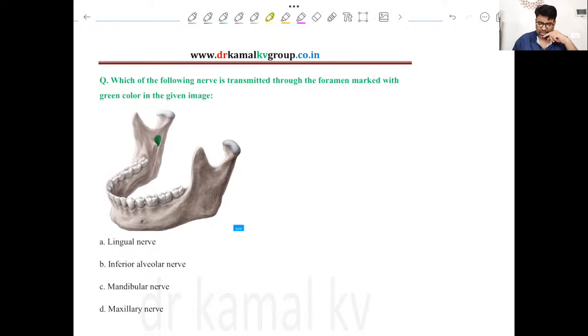Now look at the image, and it is showing a foramen here. Now it is being asked which nerve passes through this foramen. So firstly you have to identify the foramen. Which foramen is this, and then only you can tell about the nerve which passes through this.